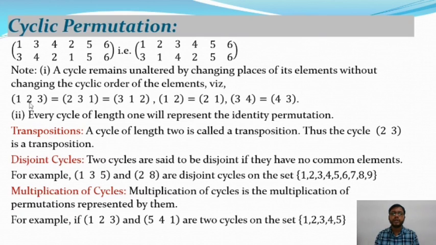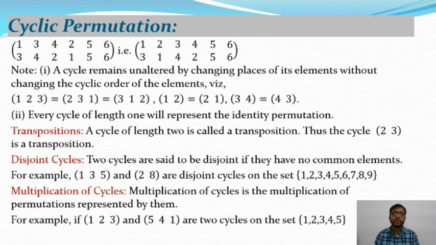Also (1 2) is equal to (2 1), and (3 4) is equal to (4 3). And every cycle of length 1 will represent the identity permutation. That means (5) only, (6) only, they are the identity permutations.